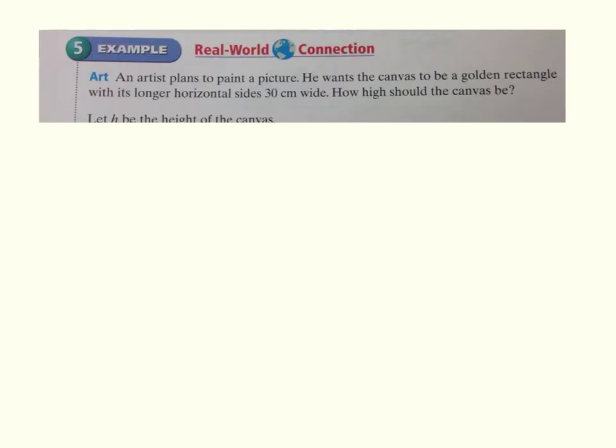Example 5 says, an artist plans to paint a picture and he wants the canvas for the picture to be a golden rectangle with the longer horizontal sides to be 30 centimeters. How high will the canvas be?